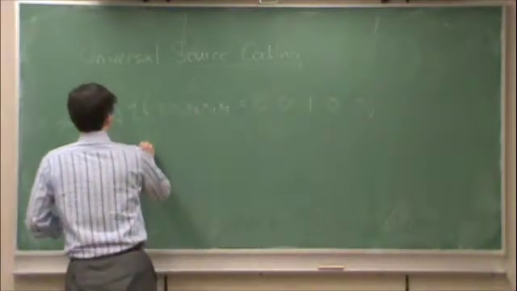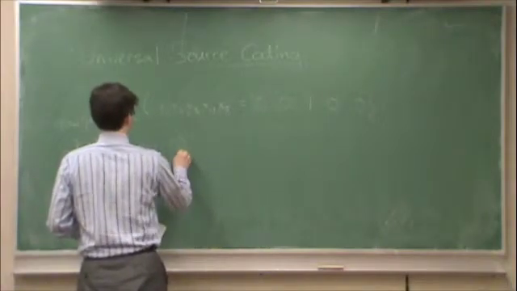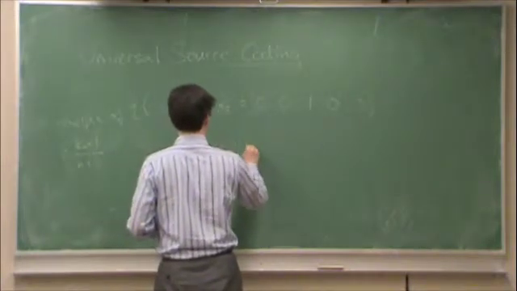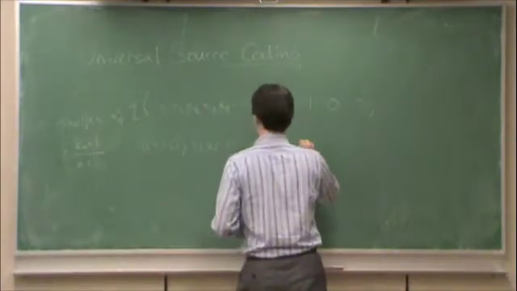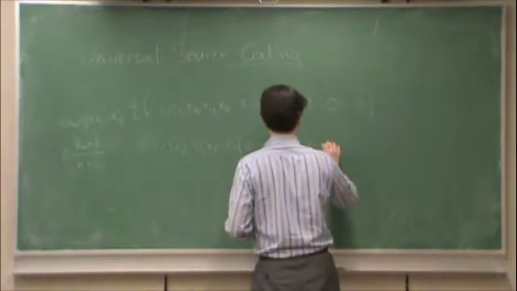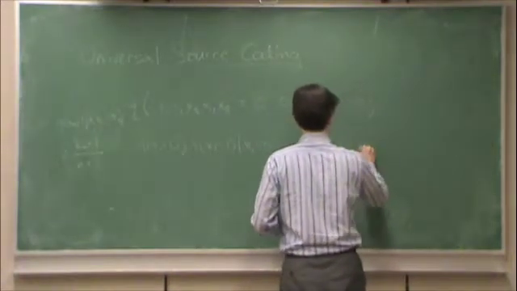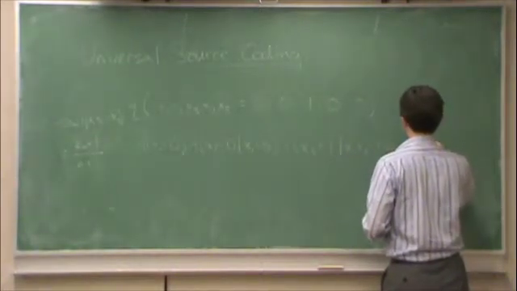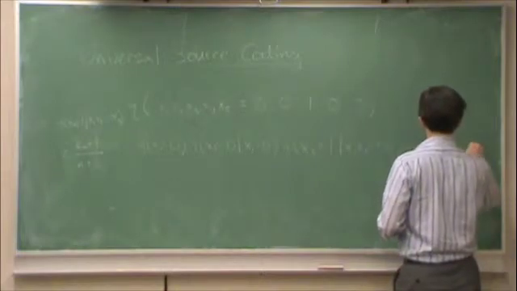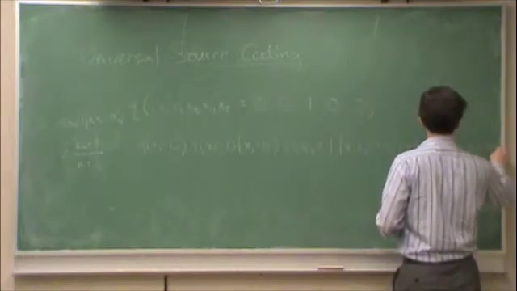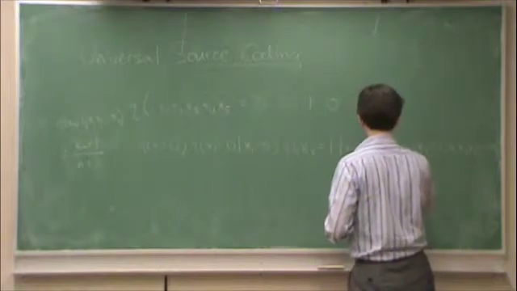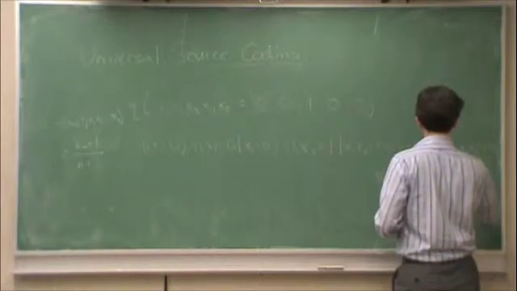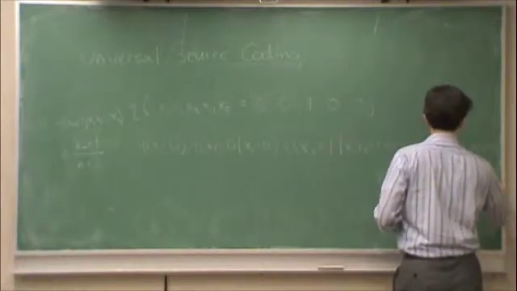So Q of x1 equals 0, Q of x2 equals 0 given x1 equals 0, Q of x3 equals 1, given x1, x2 equals 0, 0, Q of x4 equals 0, given x1, x2, x3 equals 0, 0, 1, and Q of x5 equals 0, given x1, x2, x3, x4 equals 0, 0, 1, 0.